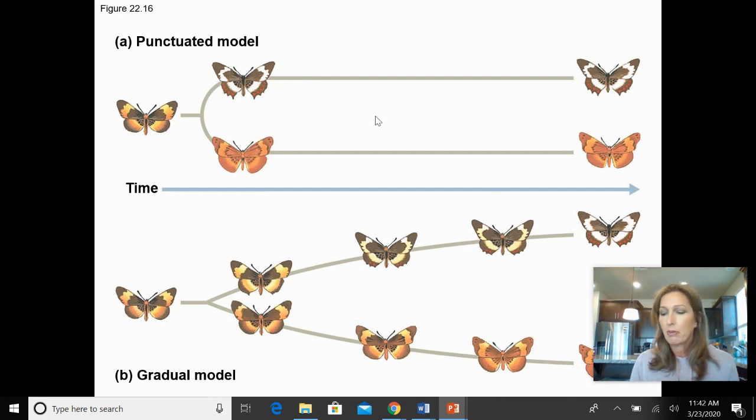So when we talk about all of these speciation mechanisms, speciation is a microevolution event. This microevolution event happens within a relatively short time period.